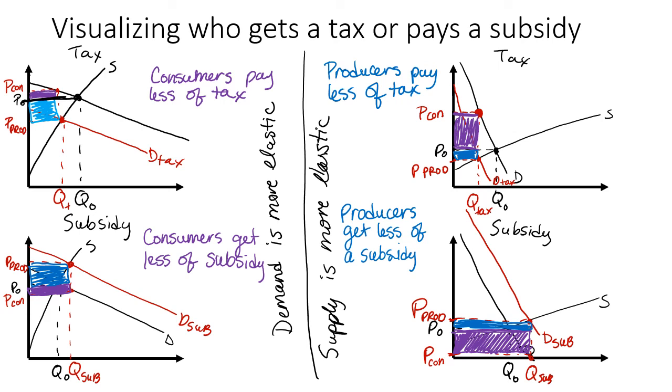It does not matter whether the legislation is put to where it's on the demanders or the suppliers. This will be the case either way. So it doesn't matter if the tax is written to be put on demanders or consumers or producers. What really matters is their elasticities. So does not matter who it's put on. What matters is who's more inelastic or elastic.